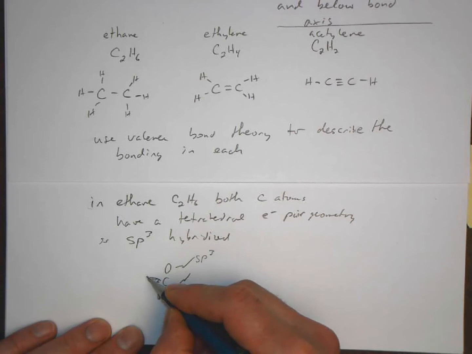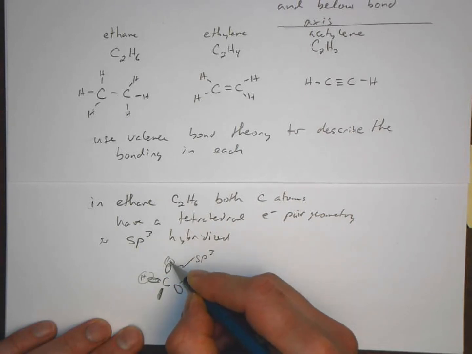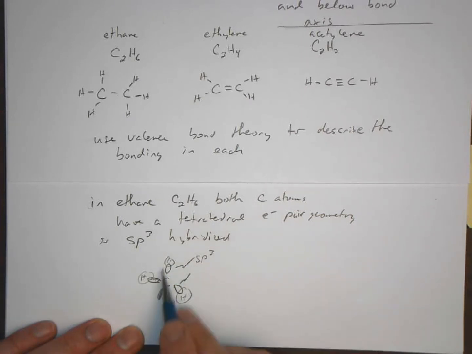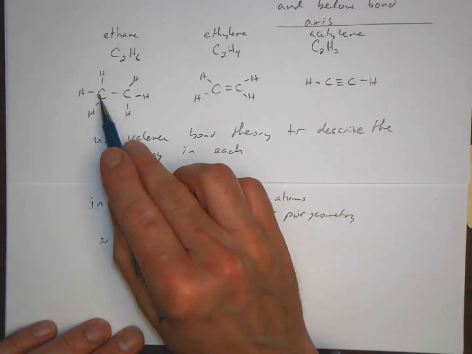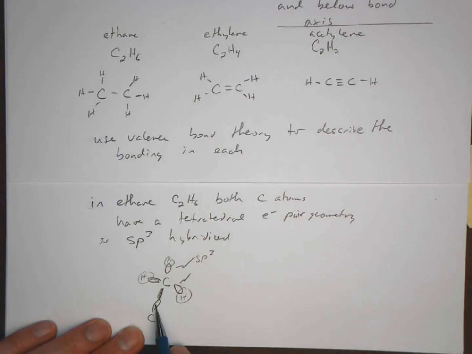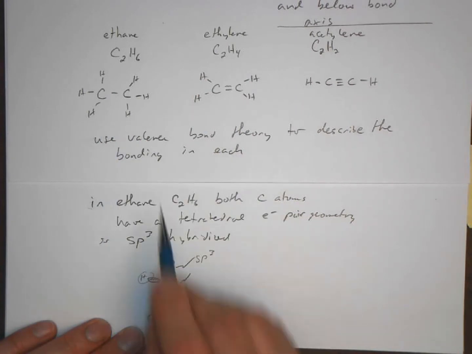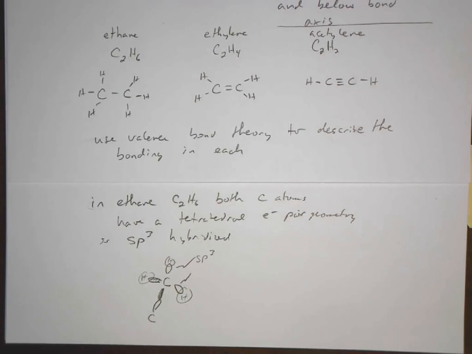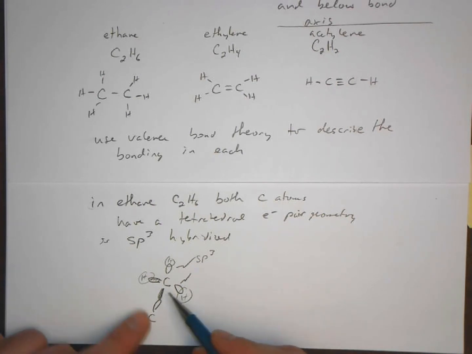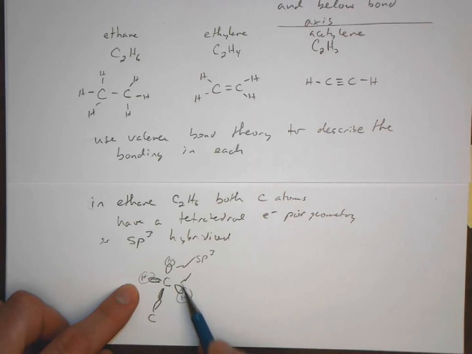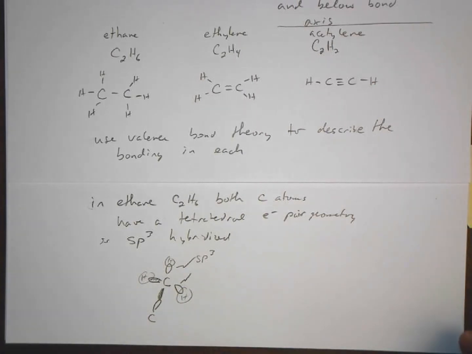In this case, three of those hybrid orbitals overlap with a hydrogen 1s orbital. And with the other orbital, we have overlap with the other carbon's sp3 hybrid. So both carbon atoms are sp3 hybridized. They're using one of those hybrids to bond to each other, and the other three hybrid orbitals are being used to bond to the hydrogens.